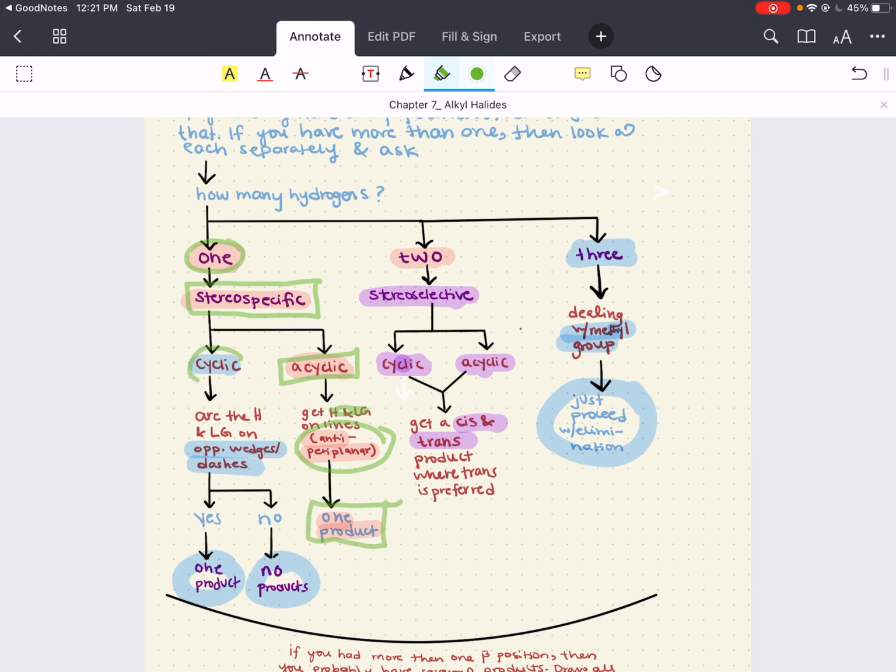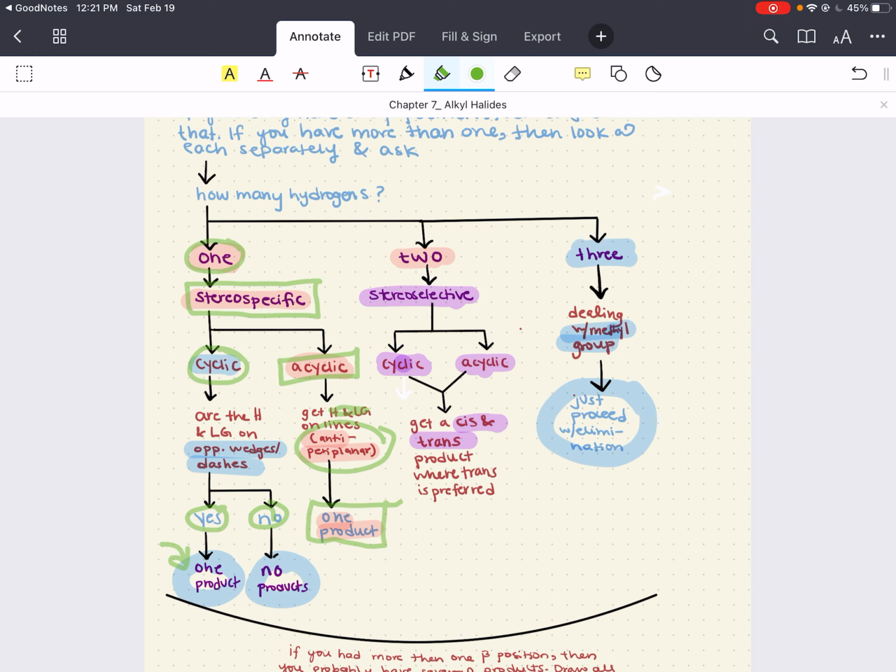Now, if the compound is cyclic with one hydrogen, then you have to ask, is my hydrogen and my leaving group on opposite wedge dashes? If the answer is yes, great. You can just do your beta elimination and you get one product. If they're not, you don't get any E2 products from that beta position. So that's an important thing to keep in mind.